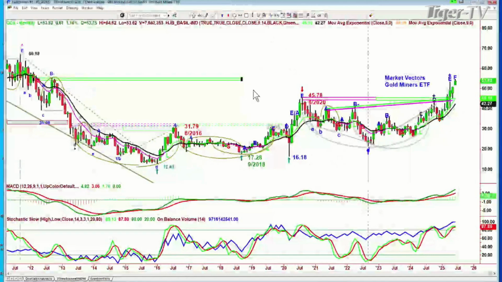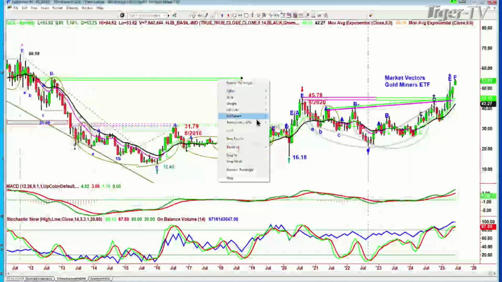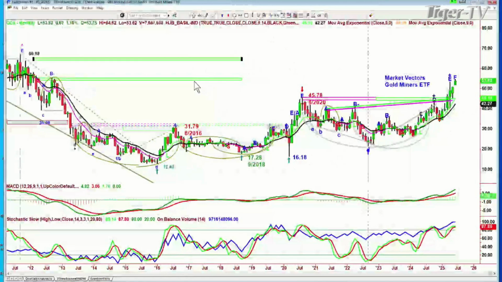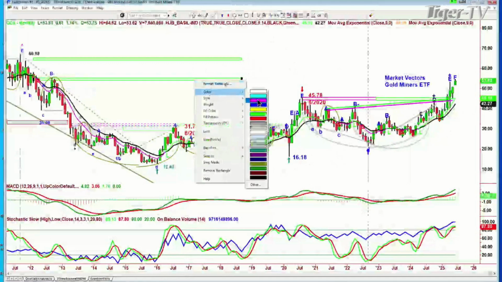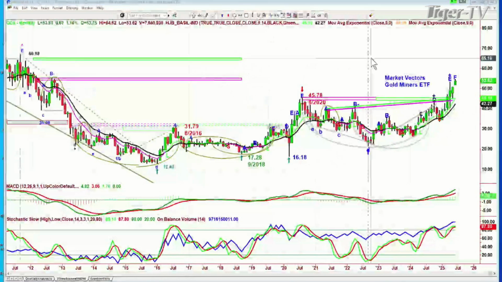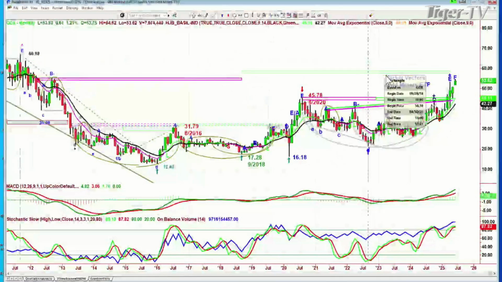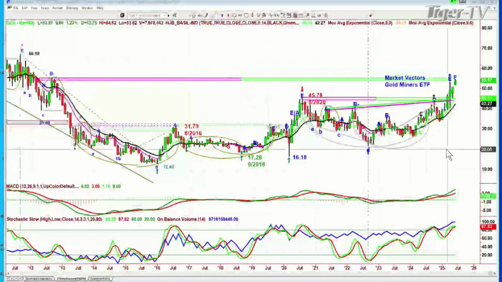In this particular instance, I don't want to force anything. I'm just saying this is a potential because I need to have a guide. I need to know where it could go to and in what time. So this is pink because it was all negative. This becomes green. I have no idea whether this is going to work for me. Right there. Oh, well, that went to this high that was made right there. So that's not going to work because it needs to go a little bit further. I'm not going to do that.